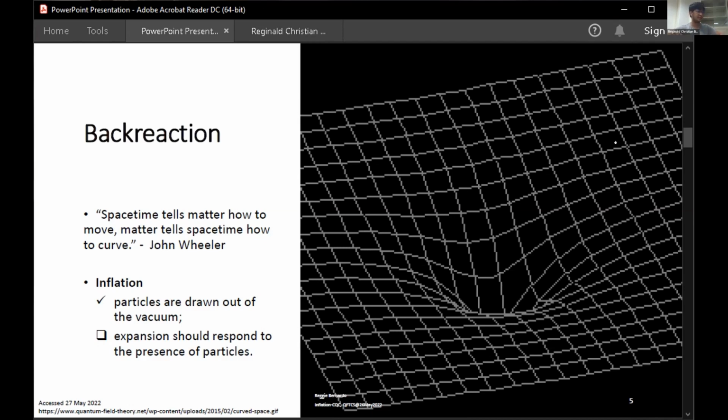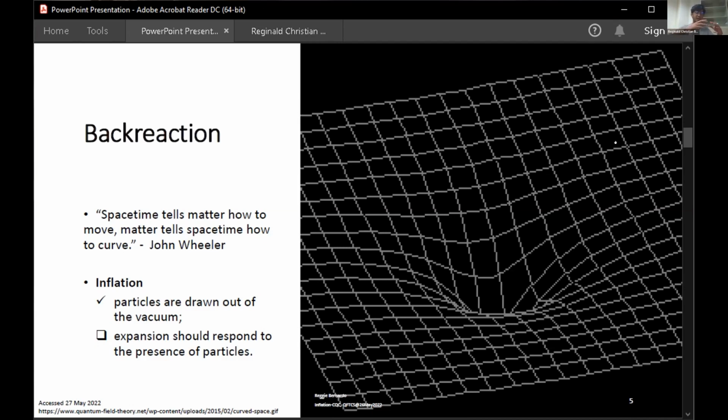And then during the inflation, so we are always on a concrete context. I would tackle the problem during inflation. So particles are drawn out of the vacuum, but the backreaction question is, how should the expansion respond to the presence of the particles? And the canonical way that we can do that is to first get the energy density of the particles drawn out of the vacuum, and we know this from the semi-classical approach.